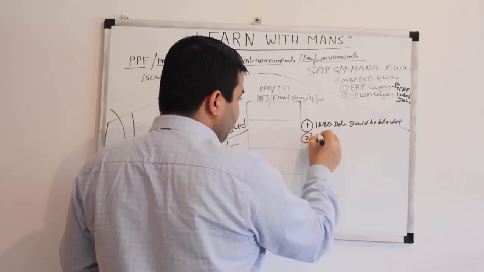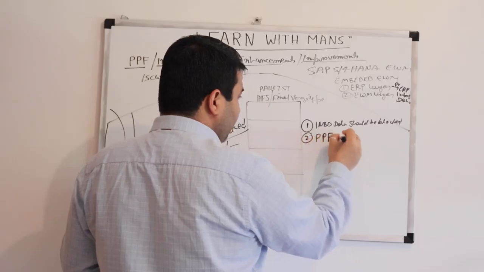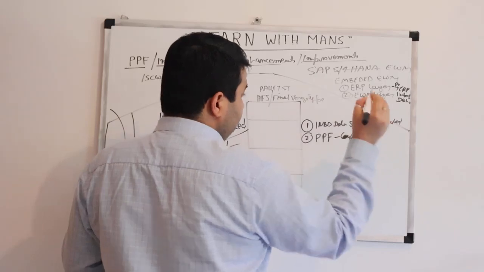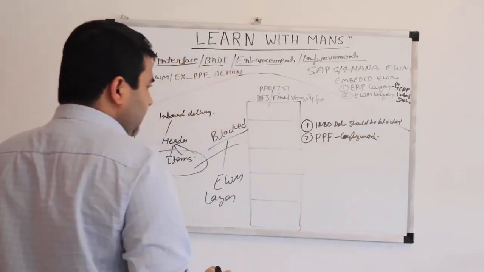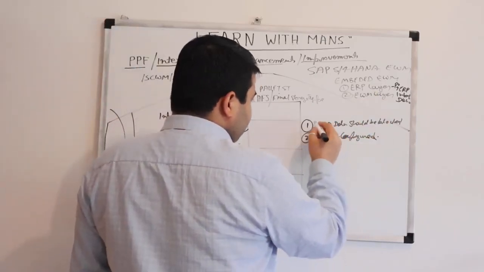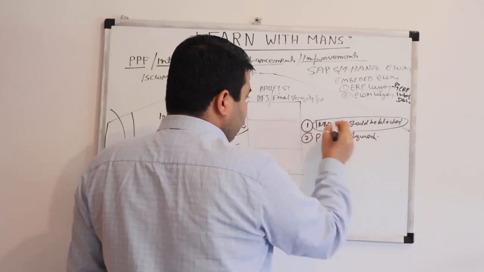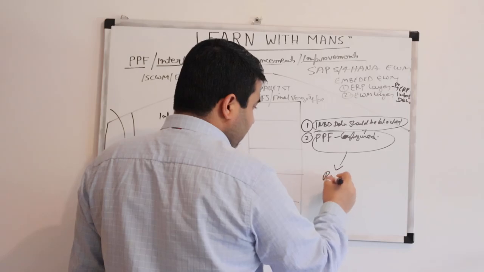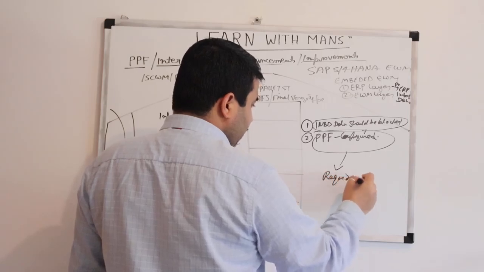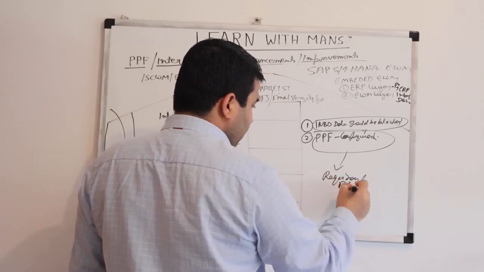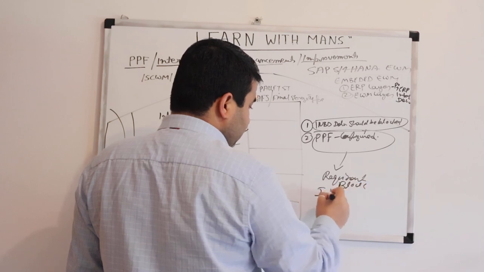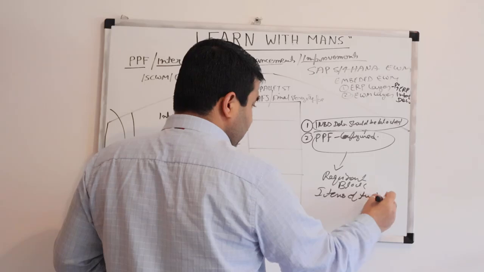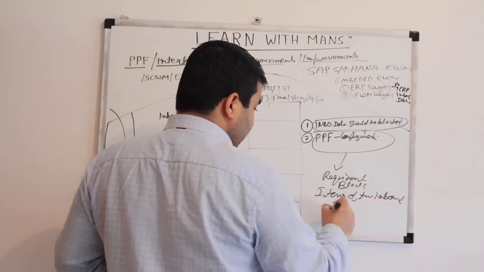Second thing, the post-processing framework is already configured in the system. So when we have the inbound delivery plus post-processing framework, our requirement is to block items of the inbound delivery.